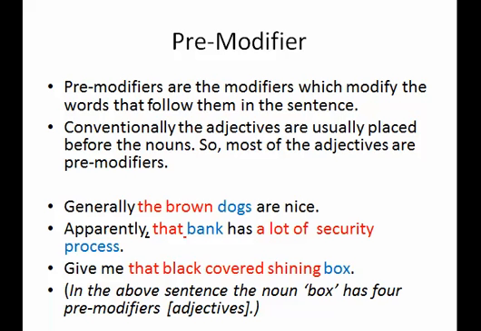Give me that black covered shining box. In this sentence, the noun box has 4 pre-modifiers. Remember, the words in blue are nouns. The words in red are adjectives, which are being used as pre-modifiers. That is, they're coming before the noun they modify. They describe the quality of it.